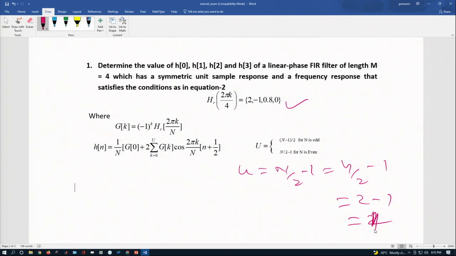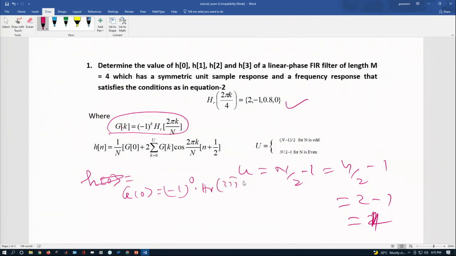Now, how do I calculate h0? First, what is G0? G0 is equal to minus 1 to the power k, with k equal to 0, into HR at 2 pi k by M with k equal to 0. So it is nothing but 1 into HR0.